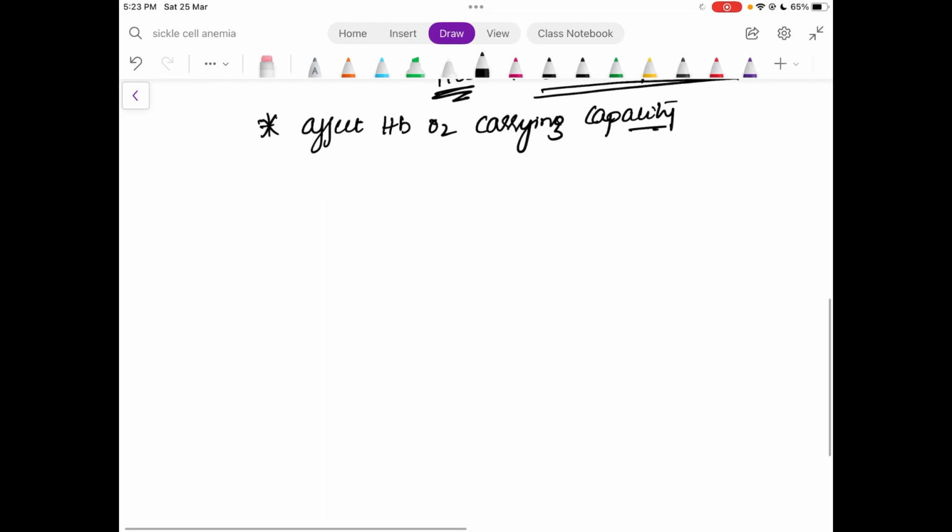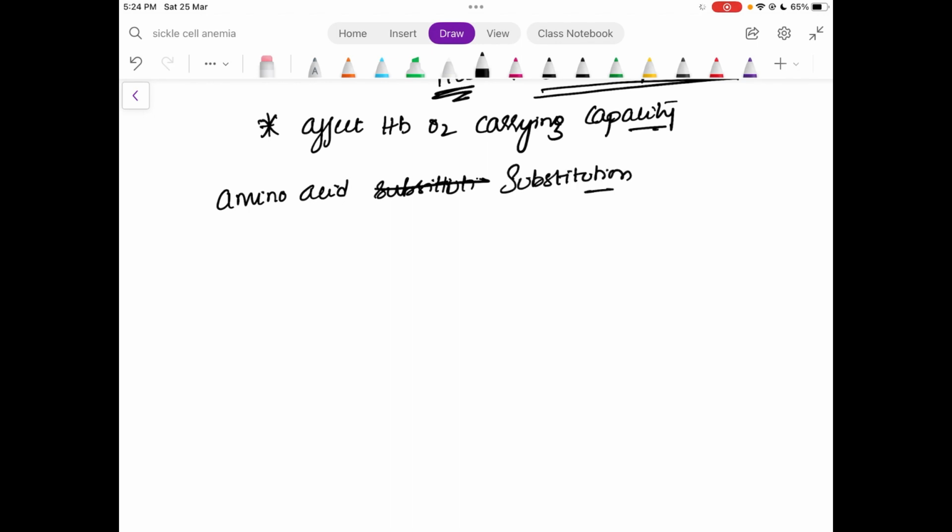So this amino acid substitution will cause formation of a sticky patch.